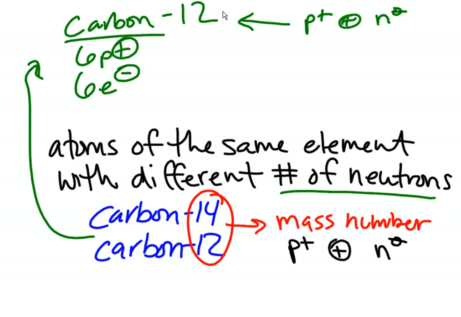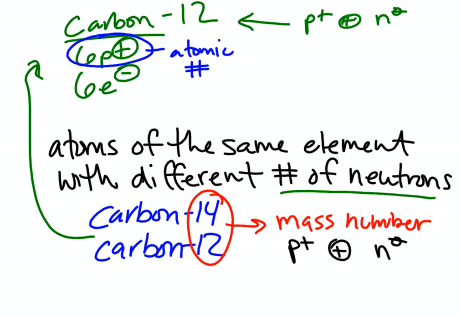Now they have specific symbols or names that we can use to identify how to go about finding the number of neutrons. This right here is the atomic number. That is found on the periodic table. It is the whole number that is above the symbol.